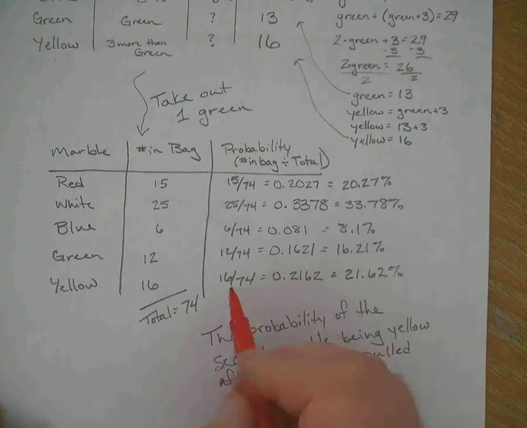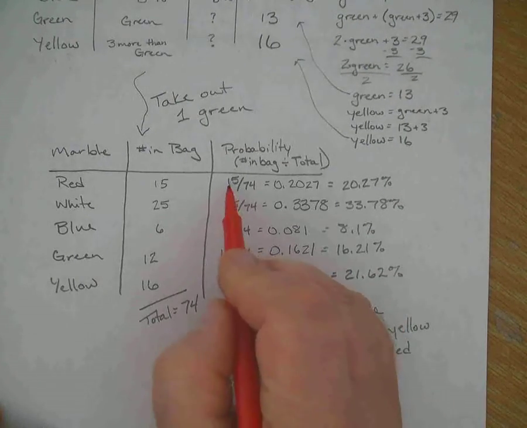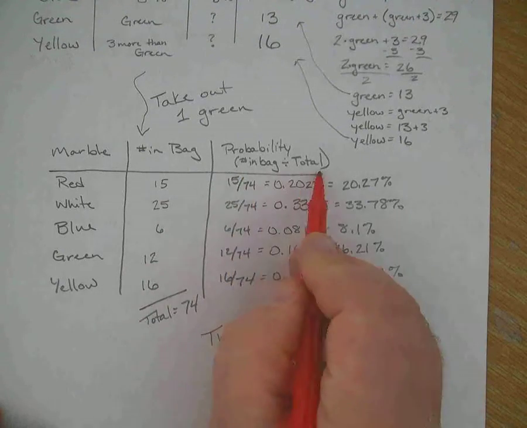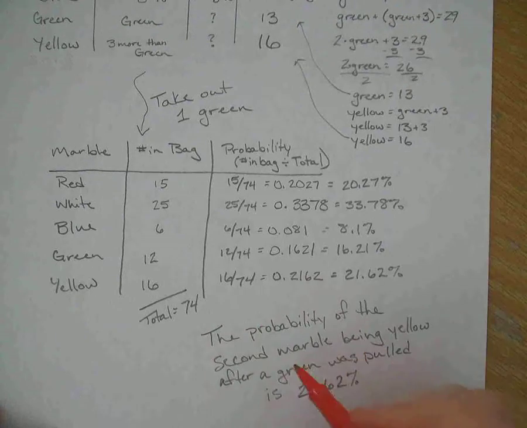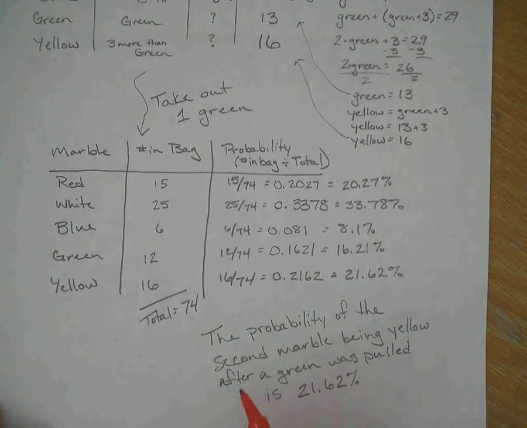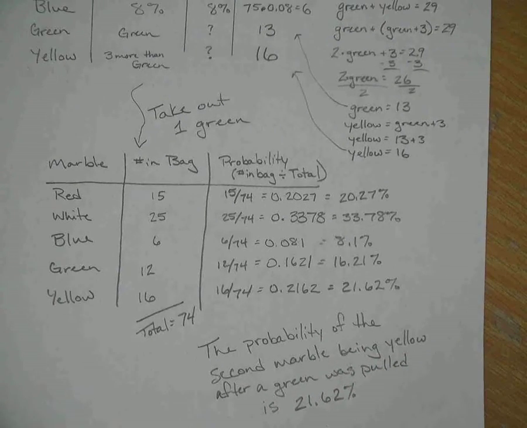But notice that I'm showing what I'm doing. I'm saying the number in the bag divided by the total, so 15 out of 74, and all the way down. And then again, I say the probability of the second marble being yellow after green is pulled is 21.62%.